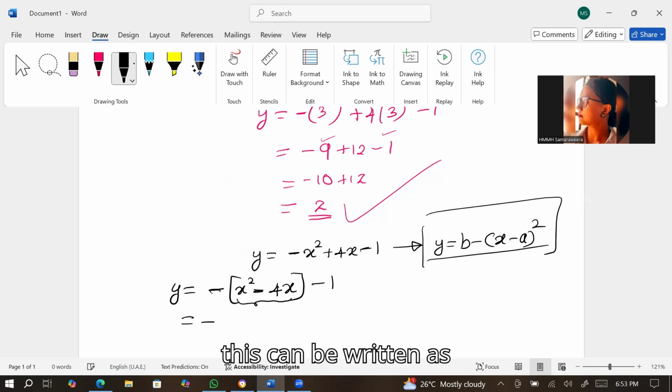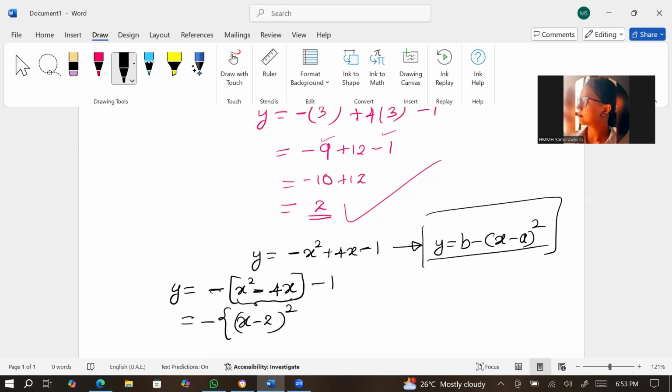This can be written as x minus 2 whole squared. Having x squared minus 4x, an extra term is coming. What is that? Plus 4. So I subtract it, right?